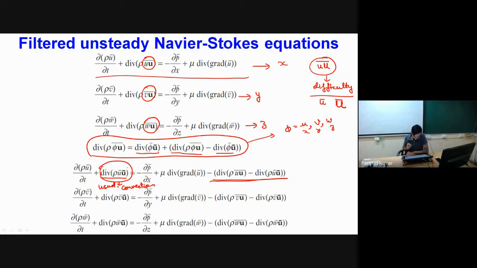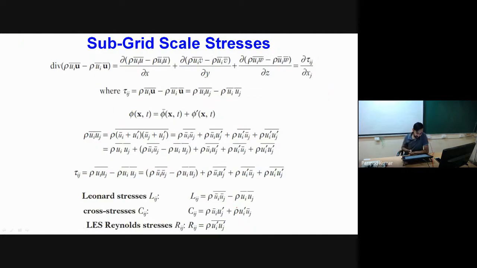Now, what are these additional terms? Let us try to see in the next slide. For the additional term, if I write down divergence of rho u minus rho u bar into u bar, the entire term I have taken with divergence common, and written the entire term inside.